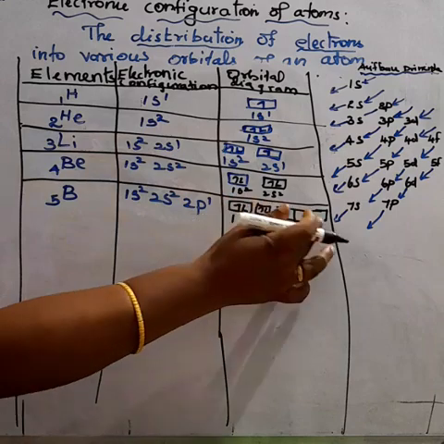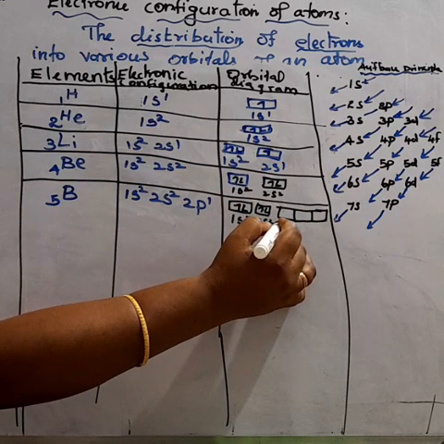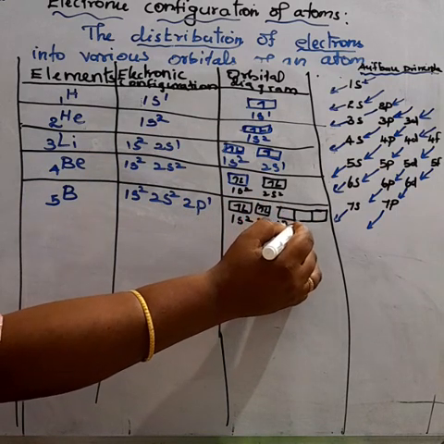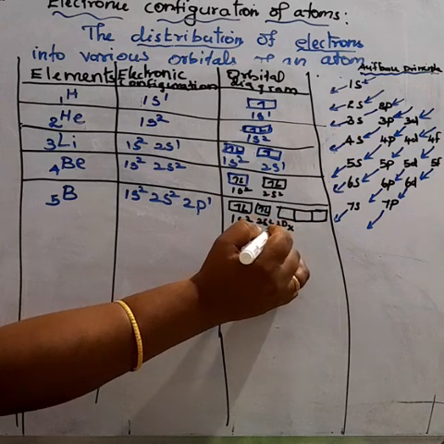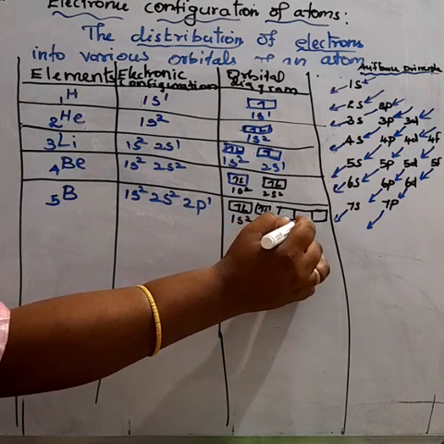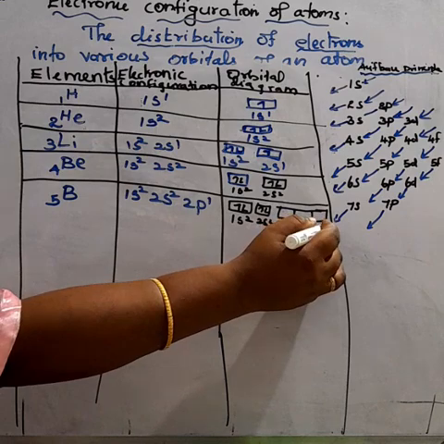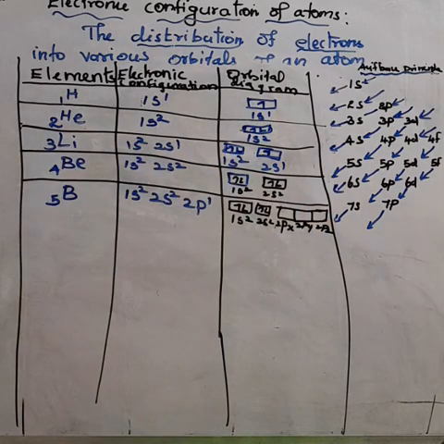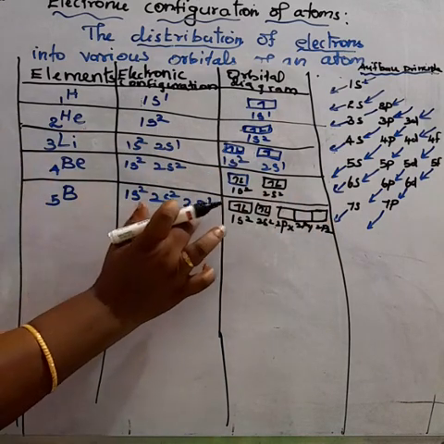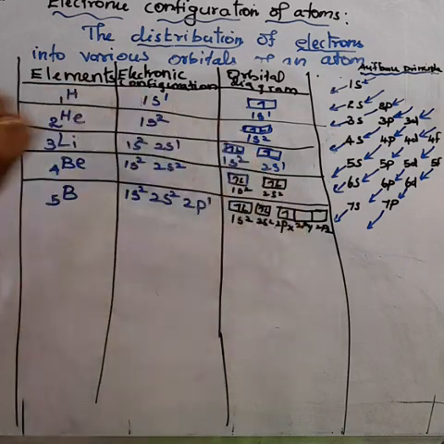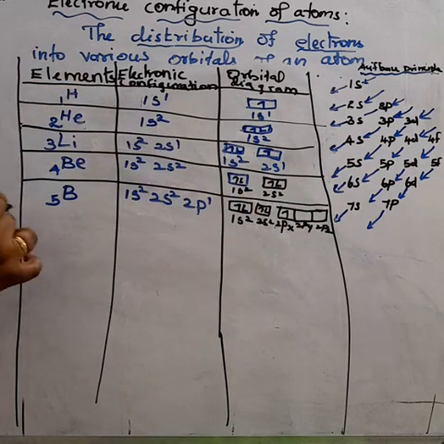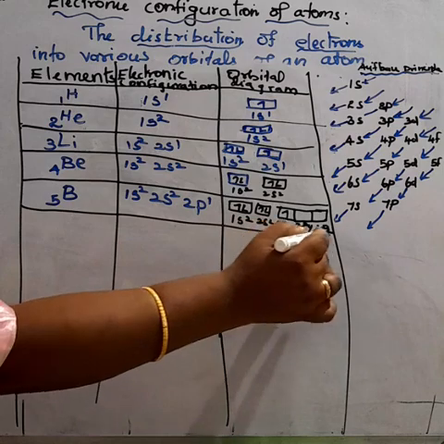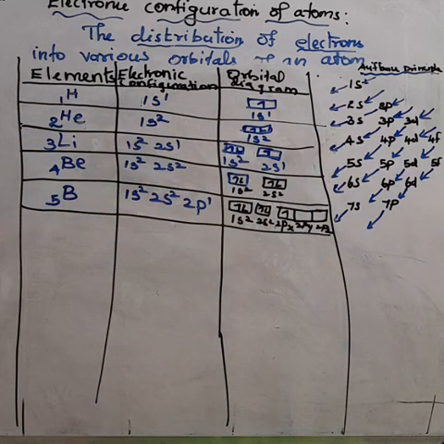There are 3 orbitals in the p subshell. How will you name them? 2px, 2py and 2pz. Here only 1 electron is there, so 2px1. Only 1 electron we can occupy in the p orbital.